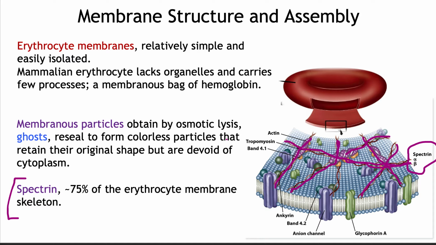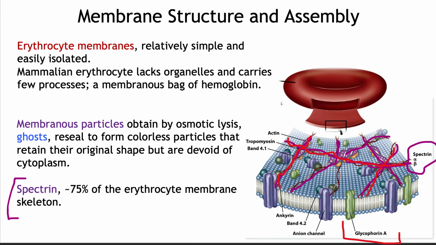If this is alpha, this is beta. Anyways, it's an alpha beta dimer. It's a cytoskeletal protein, right?